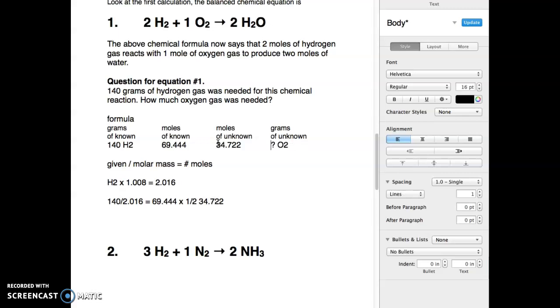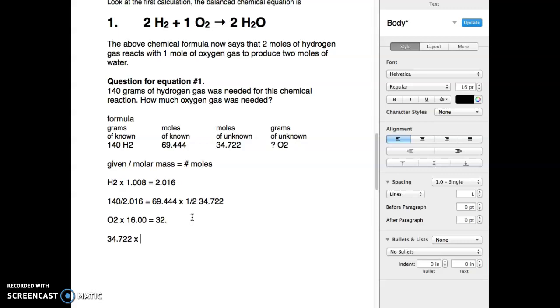But there's one more thing you've got to do. You've got to come up with the grams. The way you do the grams is the same thing, with oxygen gas, O2. We know that the atomic mass for 1 oxygen is 16. Multiply that by 2, 32. So the way you come up with this, you take your amount of moles you have, 34.722. And remember, molar mass is how many grams are in 1 mole.